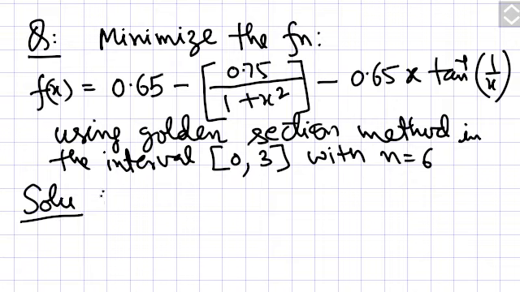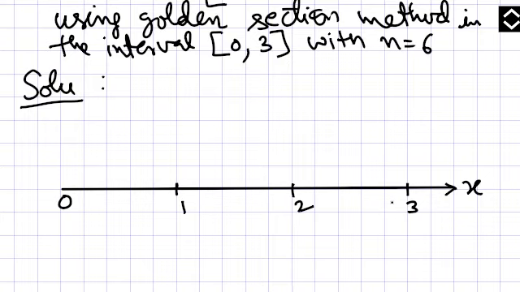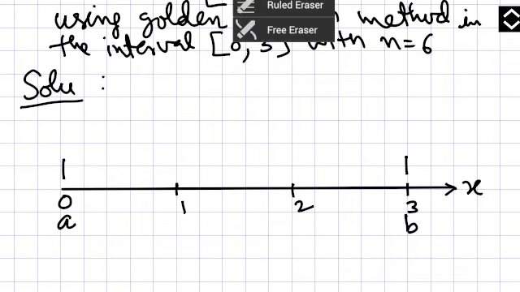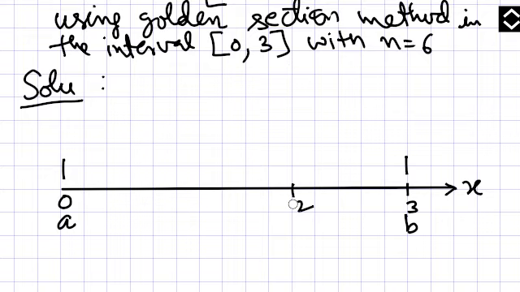First I will show you the axis to visualize the problem. So this is the axis, and in between these 2 points you have to concentrate your attention. This is called point A and this is called point B. So the concept is this: let's remove these 2 points to avoid confusion.